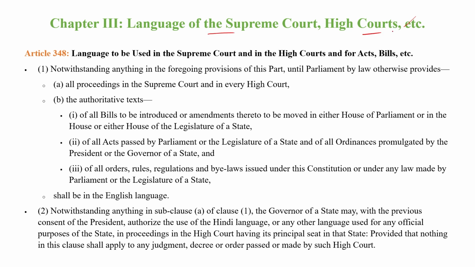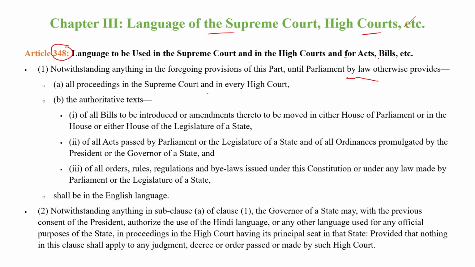Article 348 says the language to be used in the Supreme Court and High Court, and for Acts and Bills, etc. What does this say? Notwithstanding anything in the provisions of this part, until Parliament by law otherwise provides, it means the language of the Supreme Court and High Court can be provided by the Parliament of India.